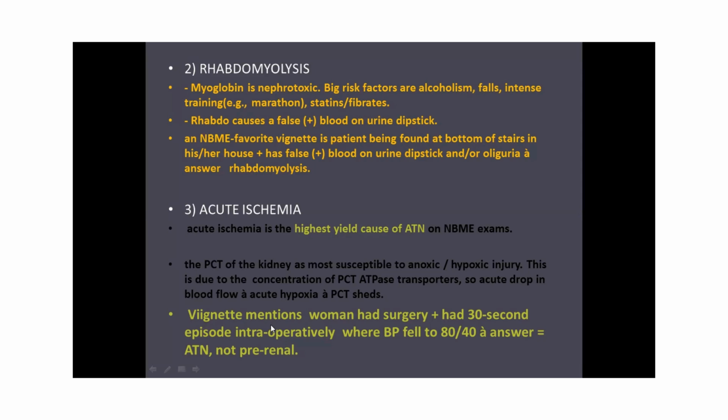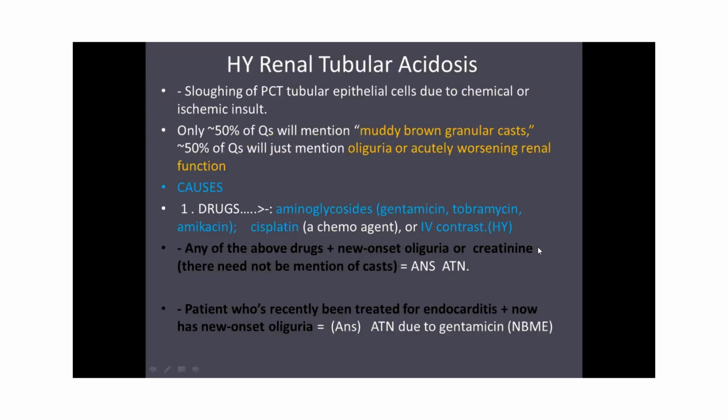That loss of blood damages your proximal convoluted tubule, that acute ischemia, and results in acute tubular necrosis. So acute ischemia, whether related to surgery, a hospital condition, or an accident, and the patient gets symptoms of oligouria, always go for acute tubular necrosis. And another thing, always remember these three drugs too.